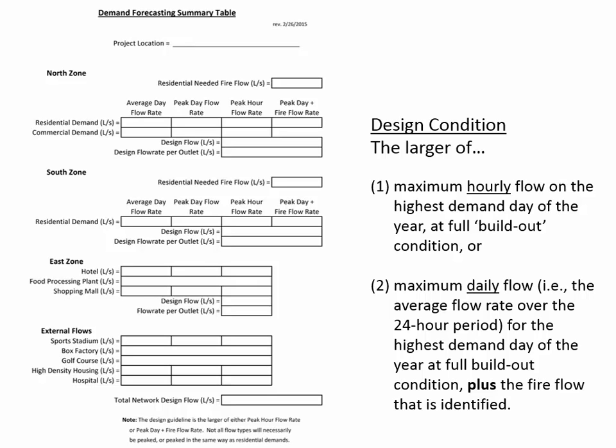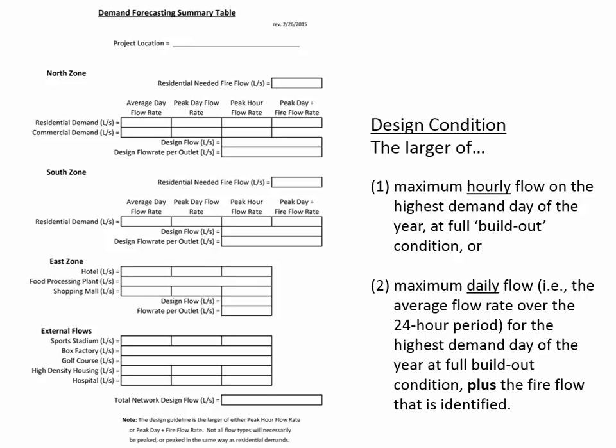So you just put some logic and thought into, if you know how much water has to be put onto the grass to keep it wet, how many days a week are you going to do that and how many hours a day? And so you can find out what is the flow demand going to be for the golf course. A lot of this design is just based on your reasonable assumptions and thinking about, what's the worst case scenario and what do you want to just say it can't be more than this.